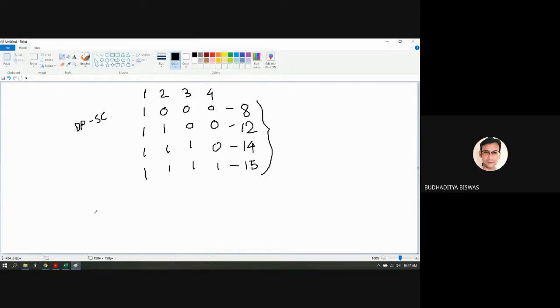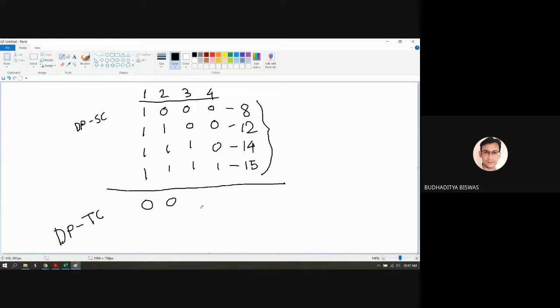But what do we do in the DPTC method? This is a truncated combination. So in the DPTC method, we do not do the programming with all the units. We actually do the programming with some limited units like this one. So suppose this one is 0, 0 all this time. So we actually schedule or commit these two units, unit 3 and unit 4.